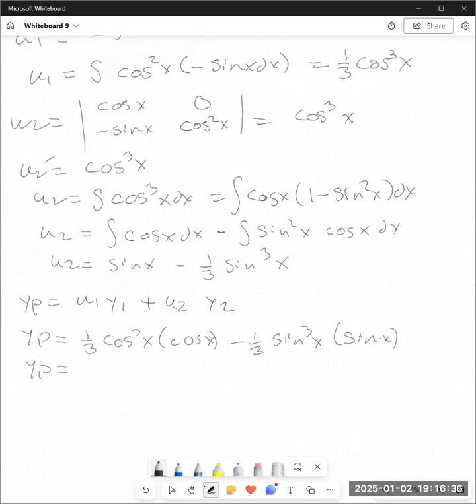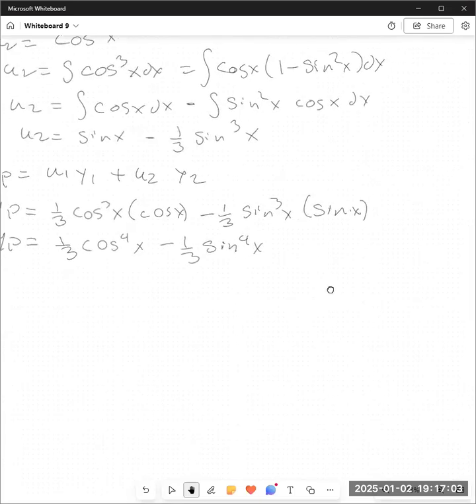So YP is going to be 1/3 cosine to the 4th x minus 1/3 sine to the 4th x. And because these are both even powers, I could write them either in terms of sine squared or cosine squared.